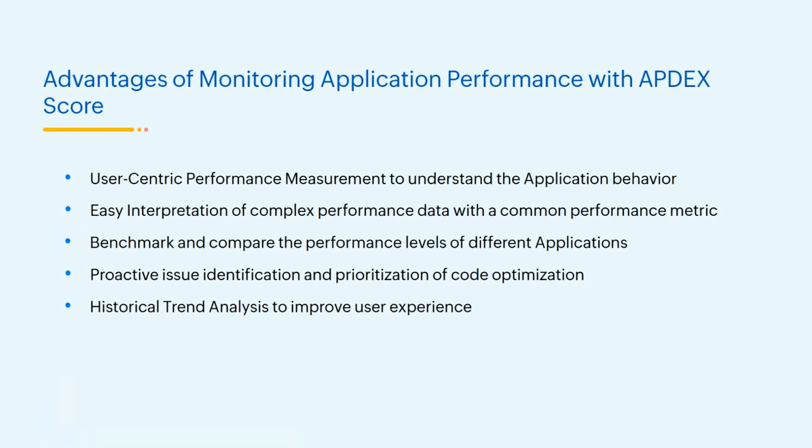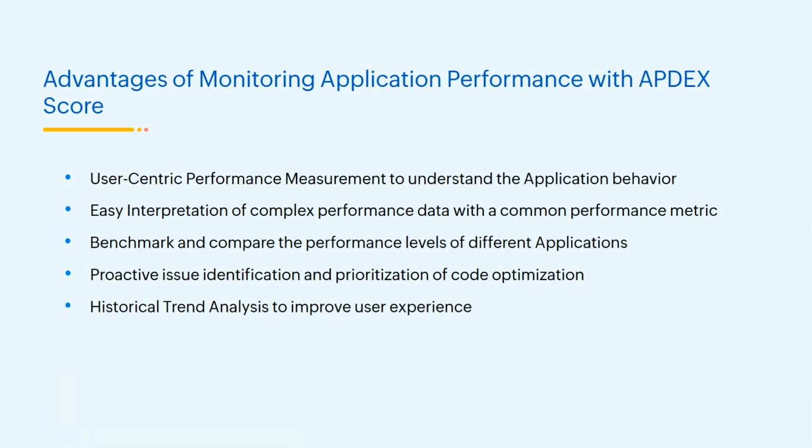The fourth one is proactive issue identification and the prioritization of the code optimization. So when the performance falls below the acceptable level, the AppDex score will help you to identify the critical transactions with low scores. It also highlights the areas for code optimization as well.